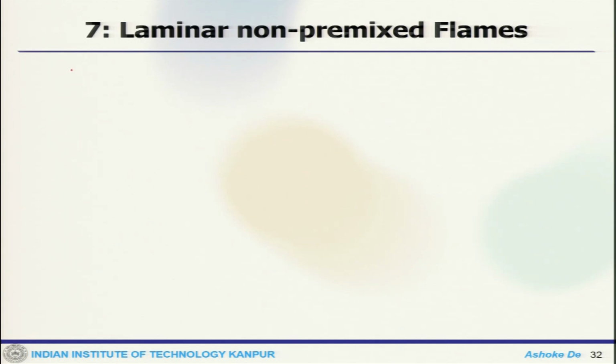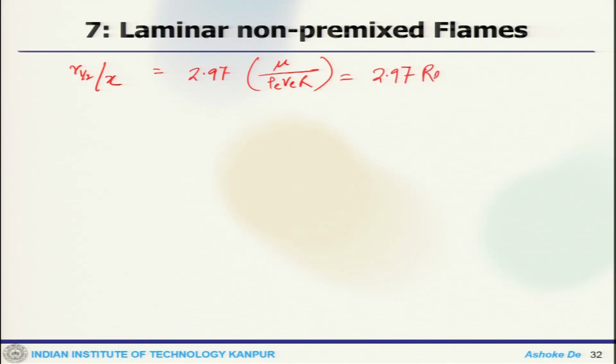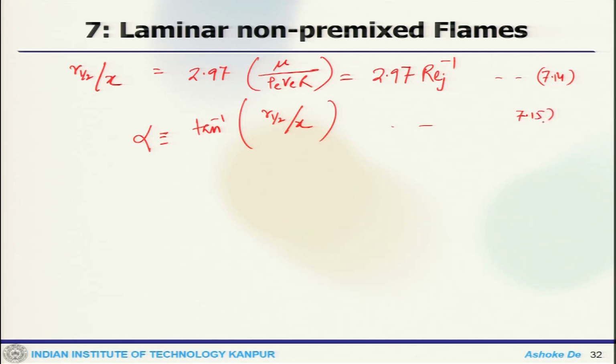So, the spreading rate one can estimate would be 2.97 rho e by rho infinity to the power 1/2 times 1 over Re_j, and the spreading angle will be tan inverse of R half by x. So, that is how you get one spreading rate, one spreading angle.